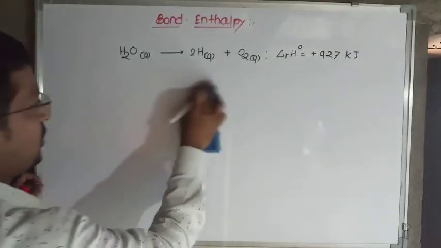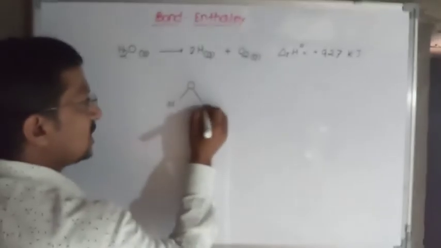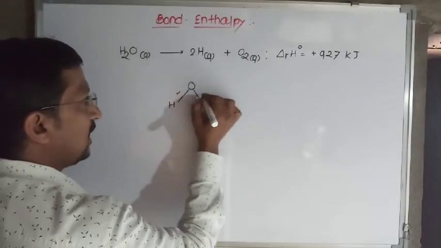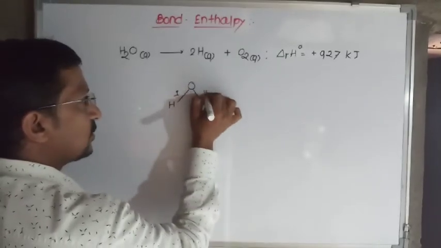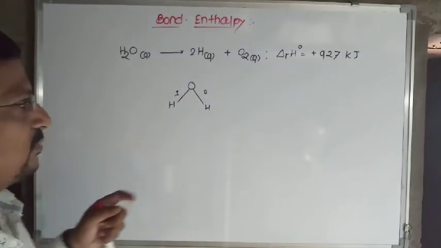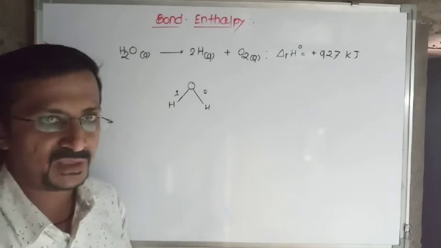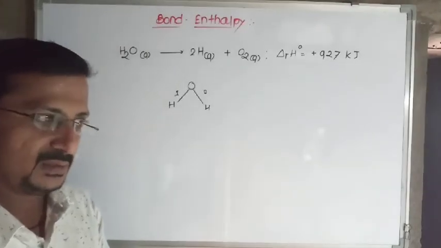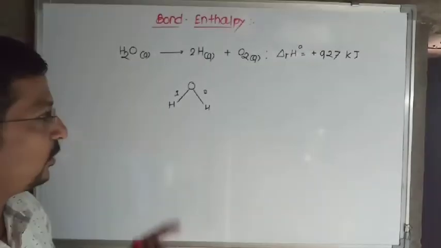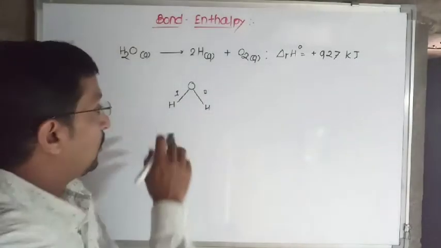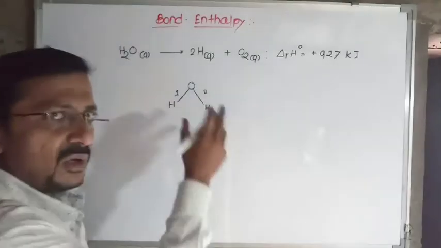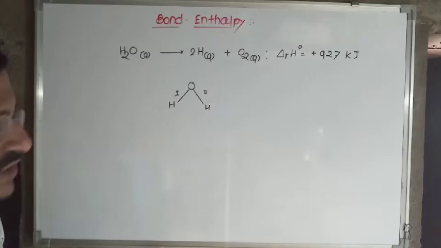Actually, if you consider the water molecule, the oxygen-hydrogen bond number 1 and oxygen-hydrogen bond number 2 are both similar in properties: their bond lengths, the hybridization state of oxygen with respect to hydrogen 1 and hydrogen 2. All these bond lengths, bond angles and bond strengths are the same.